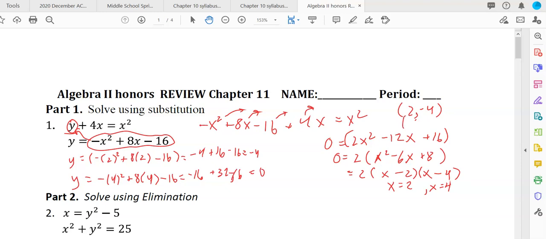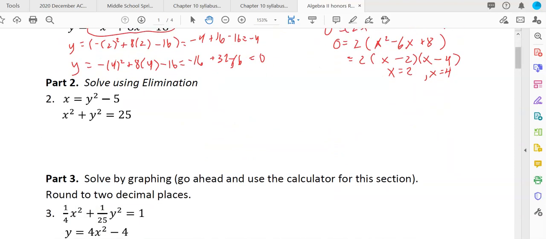So I have another point at 4 comma 0. Just to make sure I did that right, I'm going to plug it in, so it should be negative 4 plus 8 is positive 4, and that works in the first equation. That's 4 and 0. 0 plus 16 equals 16. That works in the second equation.